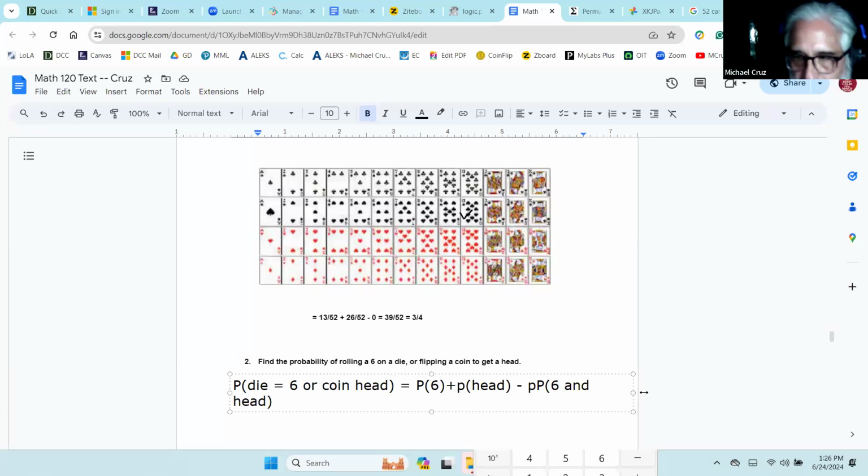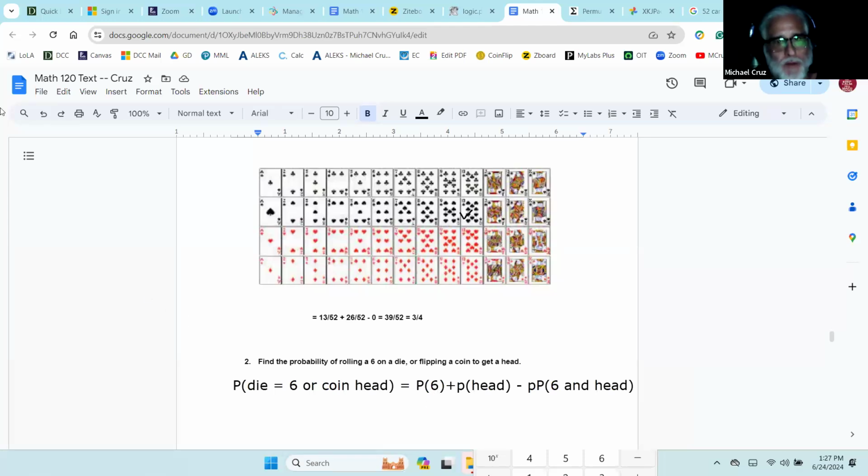Now we're dealing with what we call independent events here, but there's no possibility of this happening. This is what we call mutually exclusive because there are no 6 and heads on one coin or one die. It's just a matter of those are independent events and therefore they're mutually exclusive. So it's simply this.